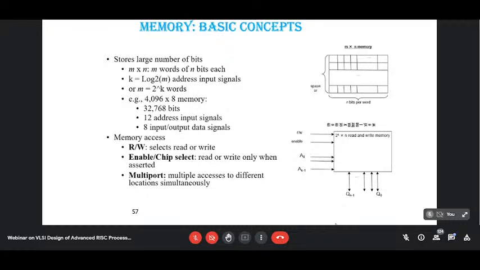The drawback is that one extra line, an extra pin, will be required. But there is an option of neither read nor write, so extra power dissipation will not be there. Whereas when you make it a single read write bar line, it will always be either in read mode or write mode, which is not desirable.